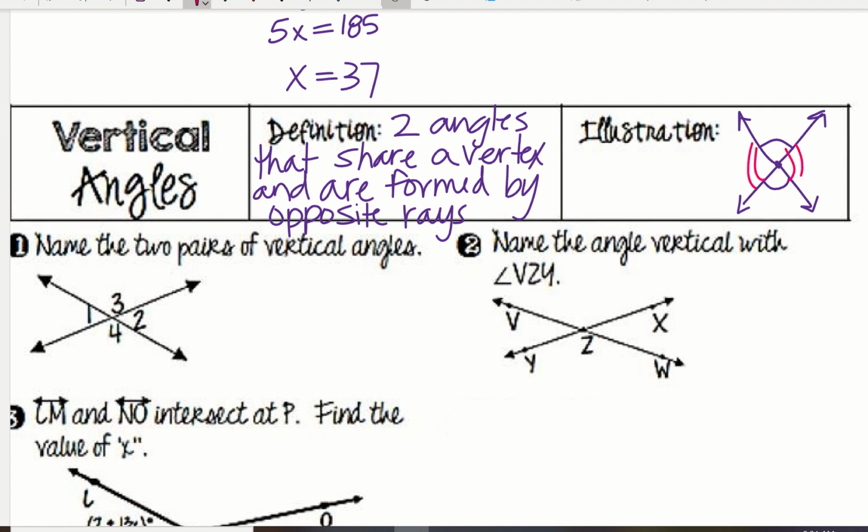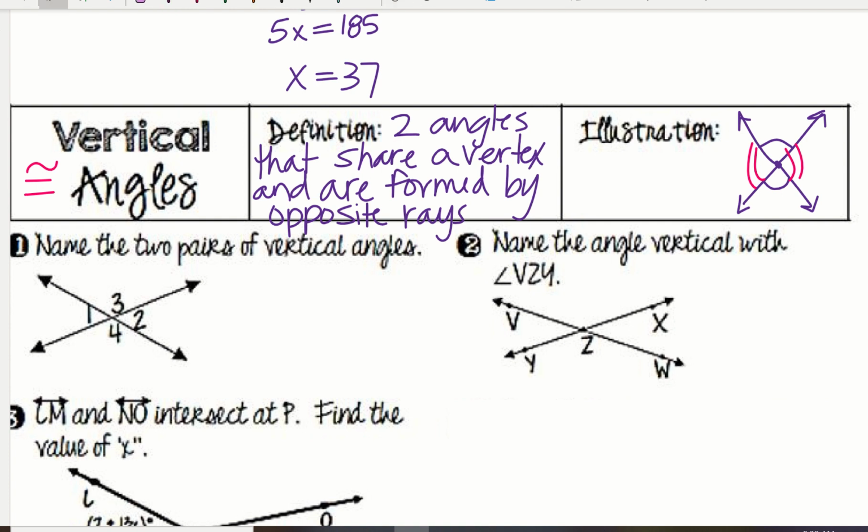These two are opposite of each other. And one more thing that we need to know about vertical angles. Remind me what that symbol means. Congruent. Vertical angles are congruent. Actually, I'm going to write it right next to vertical angles. Vertical angles are congruent.